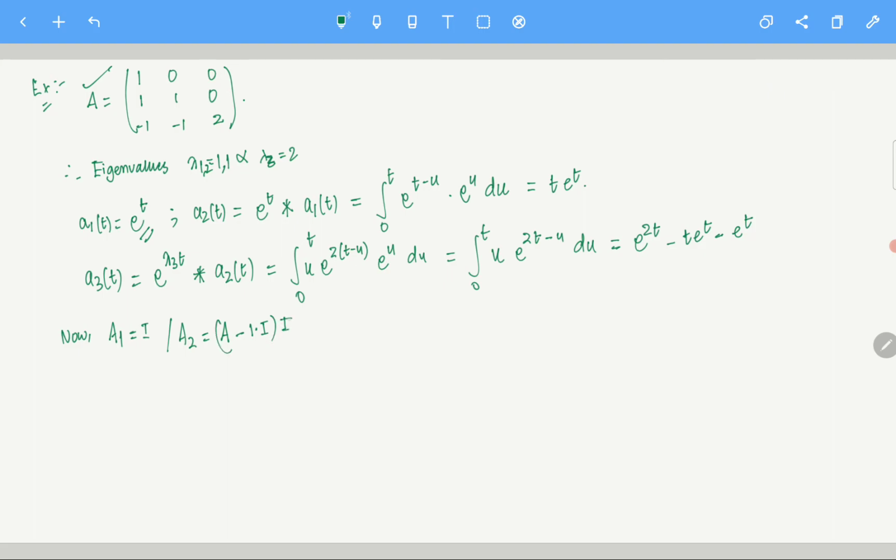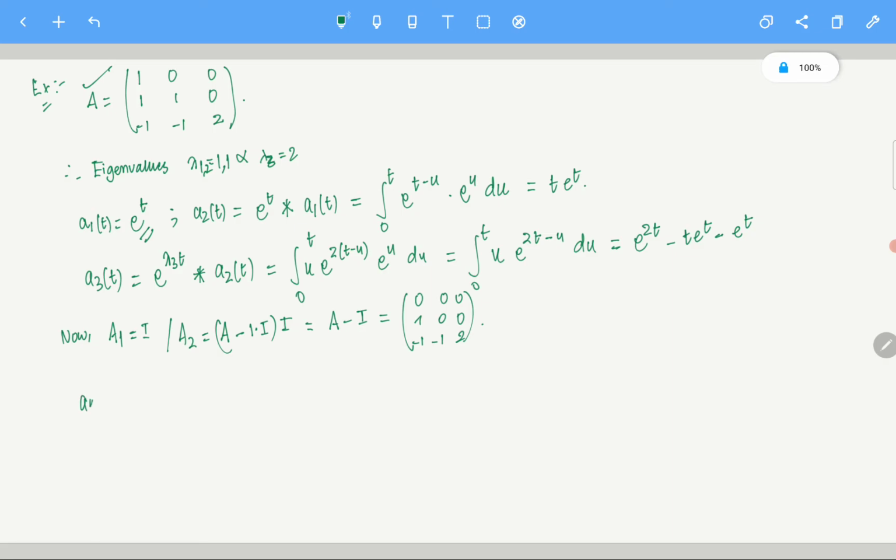A1 is identity here, so this is A minus identity. Clear? So if you write it down properly, this is 0 0 0, 1 0 0, and this is minus 1 and 2. So that's your A2.